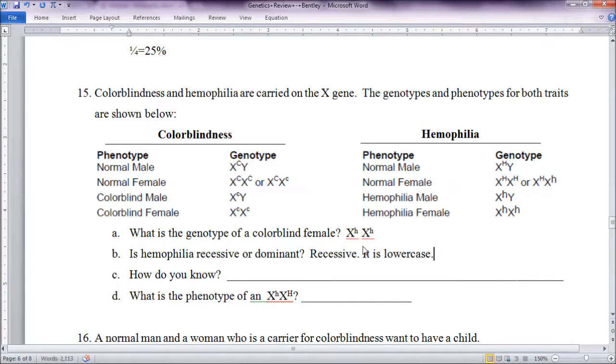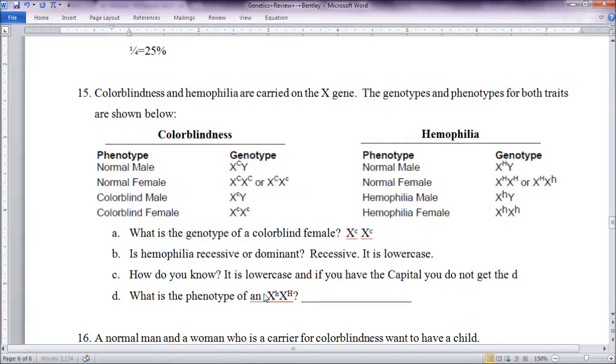Now the whole dominant recessive, never mind, we're not going to go there. Now I'm going to have to go back and fix the H's because I forgot it asked for colorblind, so that would be little C's. It's still the same thing. So it is lowercase, and if you have the capital C, you do not get the disease.